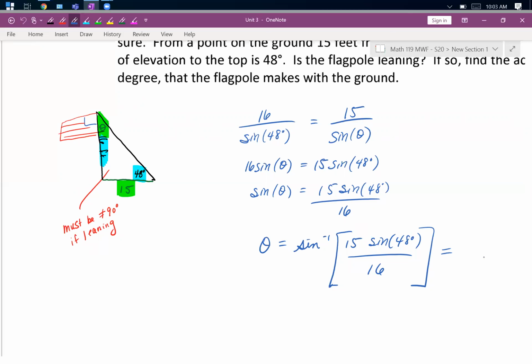All right, so that's our angle theta, but that's not the one we're looking for. Now we need our angle, I'm going to call it alpha. And alpha is going to be equal to 180 minus 48 minus 44.16.